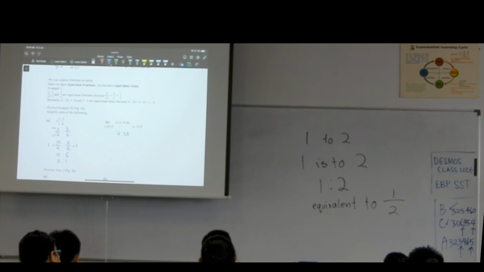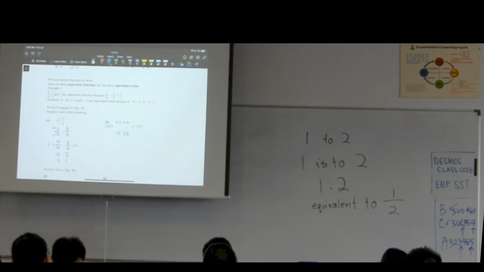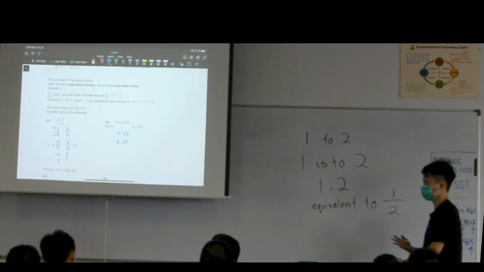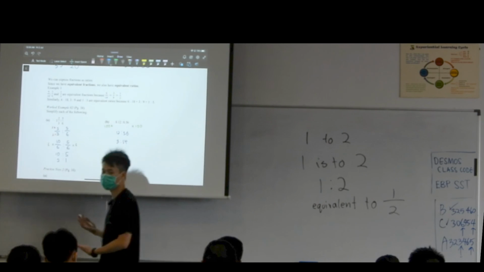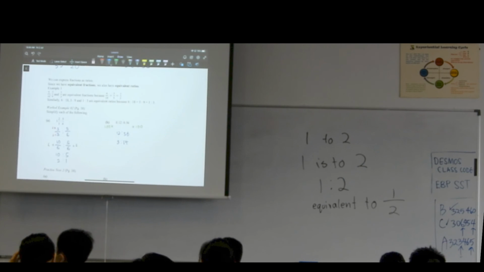I have a student who gave me 2 is to 1.5, straight away 0. I'm sorry, because ratios must only be in integers. Alright? So this will simplify to 3 is to 14. Quite straightforward, nothing too challenging here. Right? It's just the manipulation of ratios or quantities that I give you.